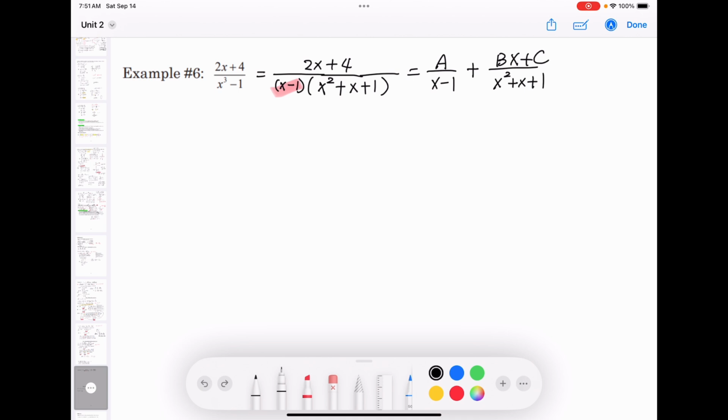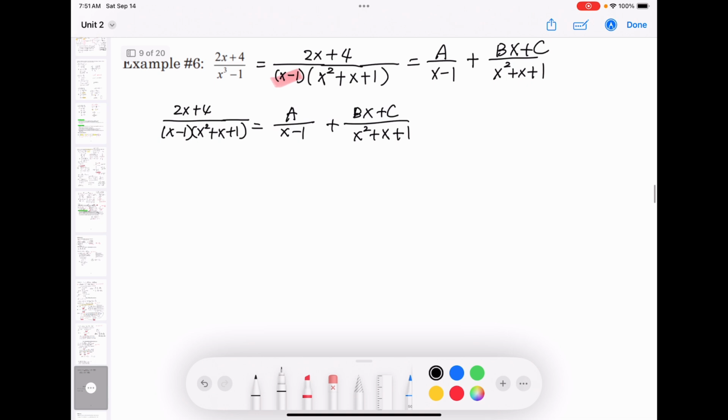We can write the equation down: 2x plus 4 divided by x minus 1 times x squared plus x plus 1 is equal to a over x minus 1 plus bx plus c over x squared plus x plus 1. Next step, we need to multiply both sides by the LCD. The LCD is x minus 1 times x squared plus x plus 1.